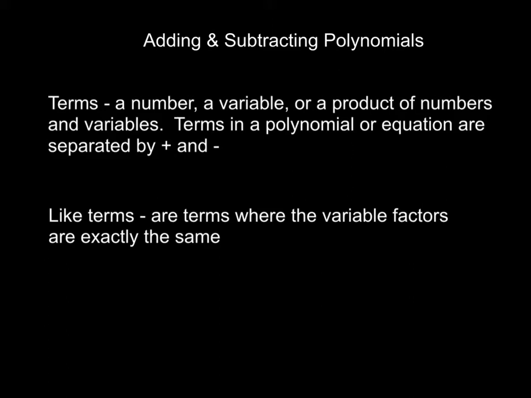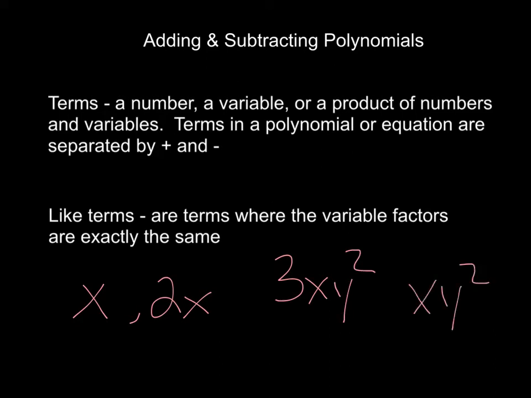So, for instance, obviously x and 2x are like terms. 3xy squared is a like term with xy squared. So all of these exponents have to be in the exact same spot, as well as the variables.